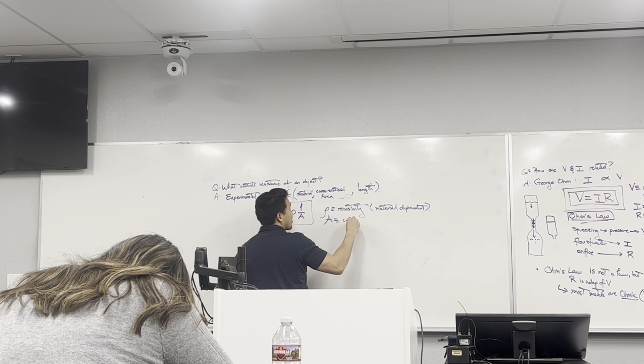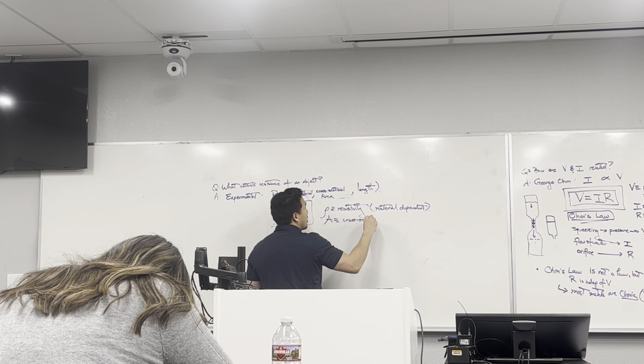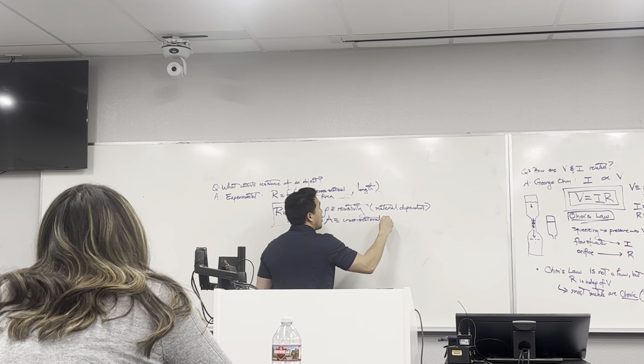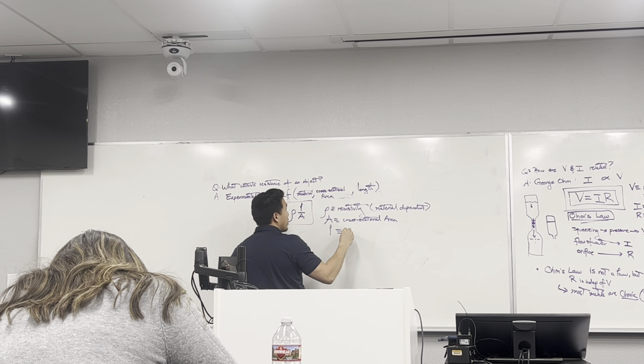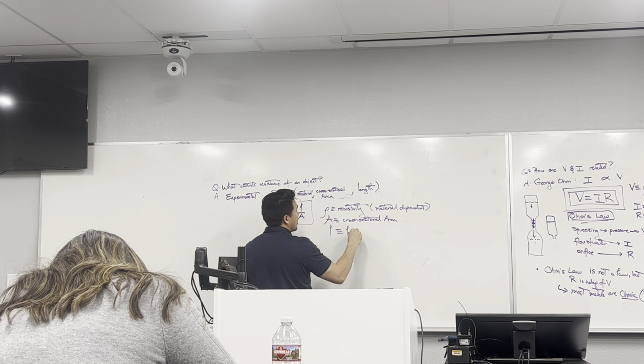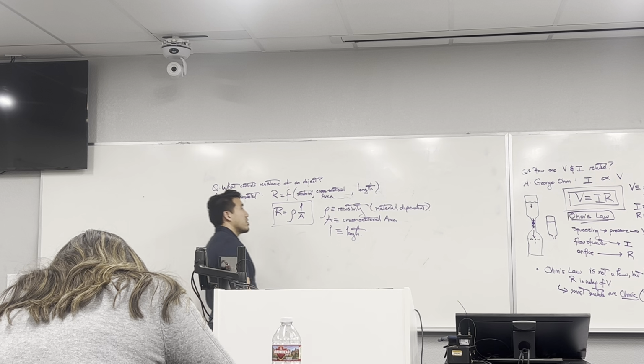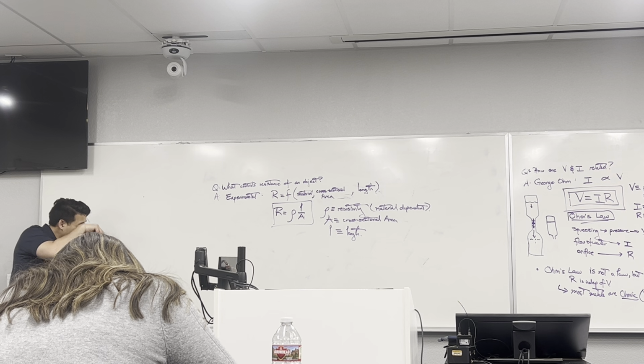A is the cross-sectional area. And L is the length of the material.